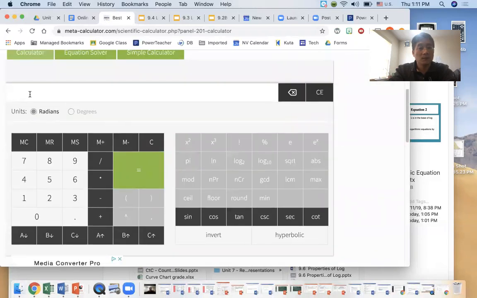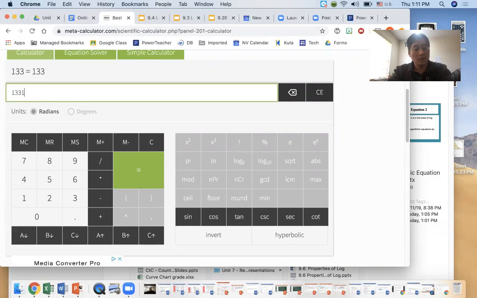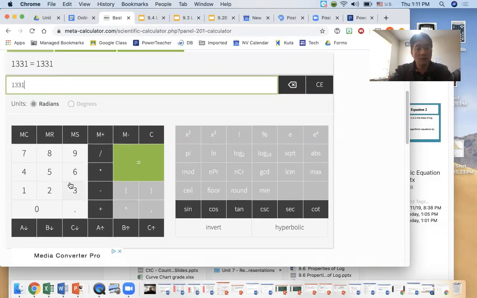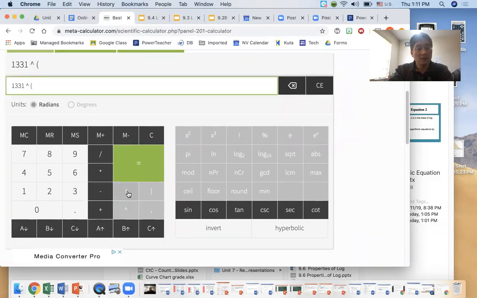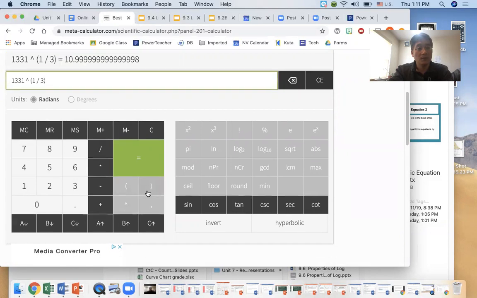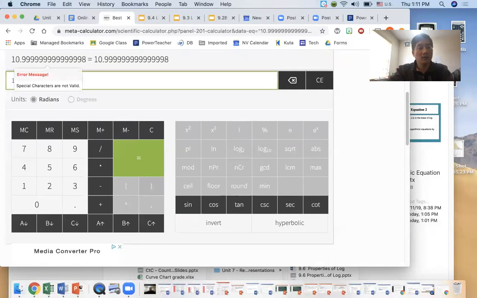Here, we enter 1331 with a power here, in the parentheses, because it's the 1/3 power, right? 1 divided by 3, and if you enter, oh, 10.99999999998 is equal to 11.